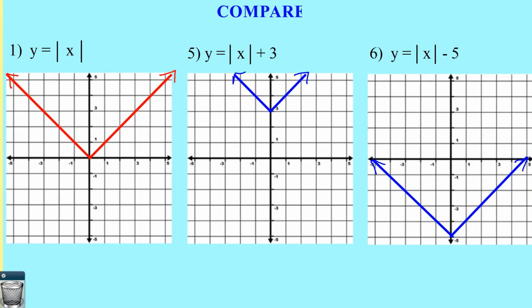Now let's look at numbers 5 and 6. So again, here we have our parent function. And here we are adding or subtracting on the outside. So notice when I added, my parent function went up 3. Then when I'm subtracting 5, my parent function shifted down 5.